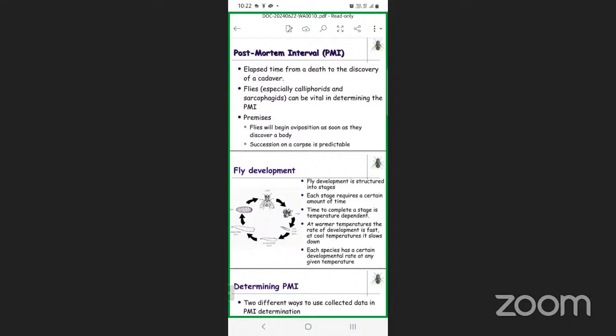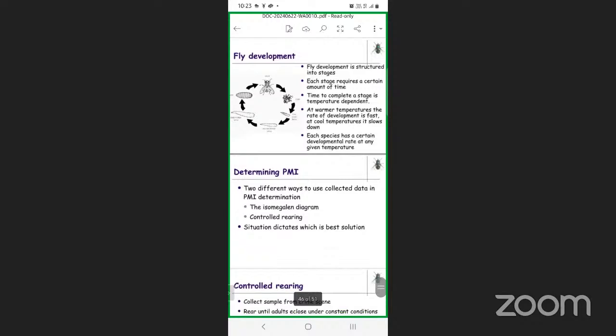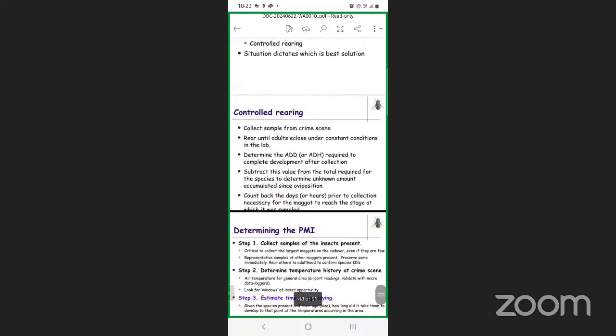So this fly development requires a certain amount of time to complete and is temperature dependent, and each species has a certain developmental rate at any given temperature. Two different ways to use the collected data are the isomegalen diagram and cultural rearing, which are the best situations to detect the best solution.